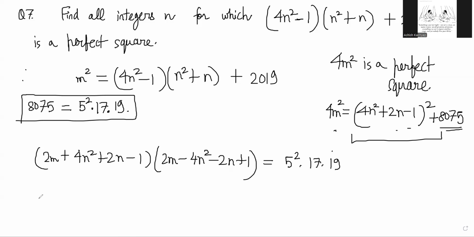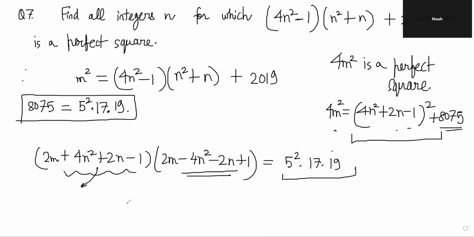Now, this is the larger divisor, this is the smaller divisor. So we have to write this number as a product of two divisors, and you have some choices for the larger divisor, right? Basically, 8075 you can write as a product in many ways, right? So you can do 19 into 5, and the remaining stuff in that case would be 5 into 17, right?